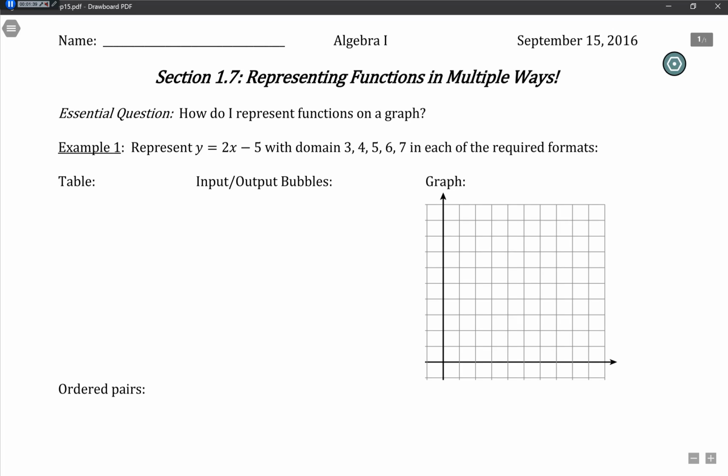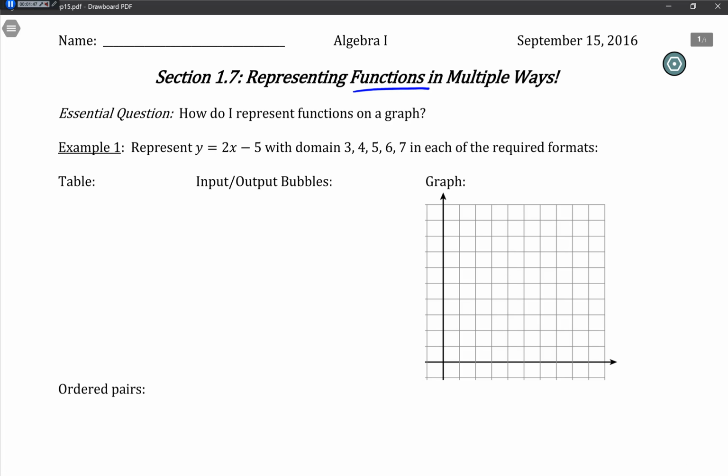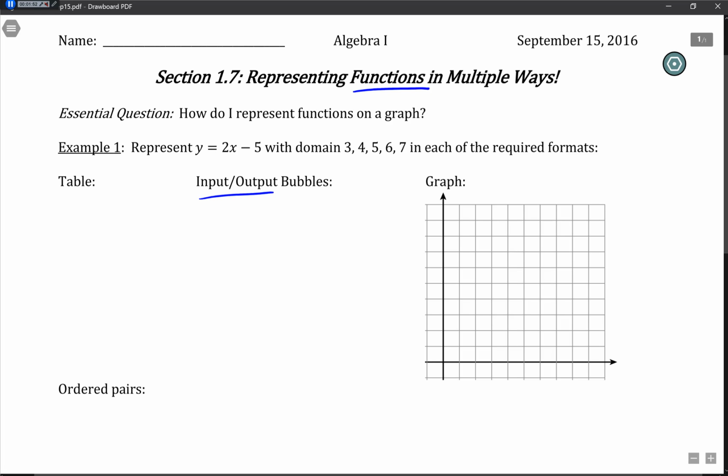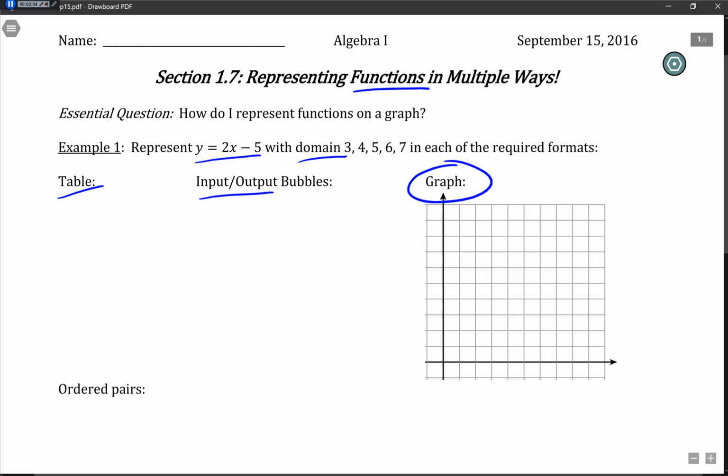Today we're going to be representing functions in multiple different ways. On Friday, which was a really long time ago, we learned about input, output, the word domain, functions, and how to make a table. Today, we're going to be putting that all together, and we're also going to be graphing these things.